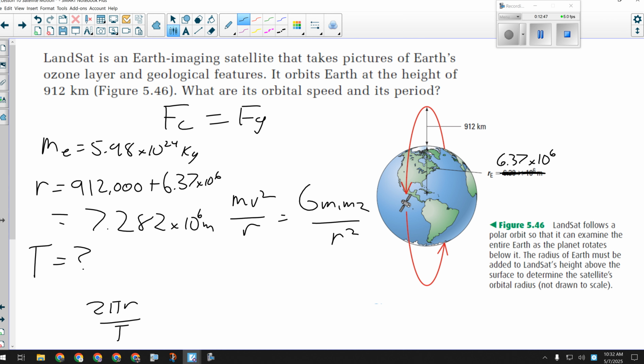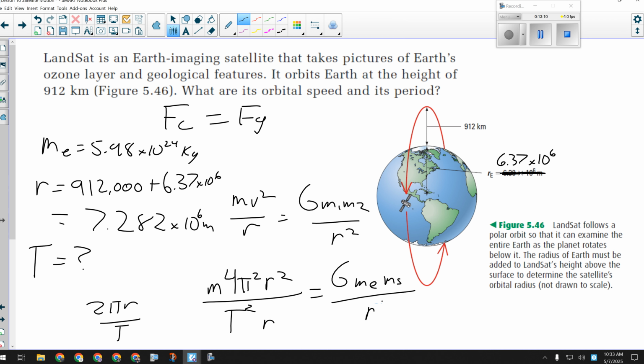Either way will arrive at the right answer. So I'm going to substitute in for v this formula, but obviously I'm going to square it. So that's going to mean m times 4 pi squared r squared over T squared, and then that r is still there. On this side, this doesn't change: big G times the mass of the Earth times the mass of the satellite over r squared.